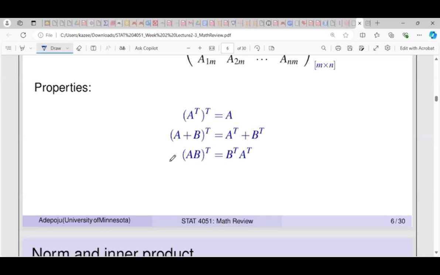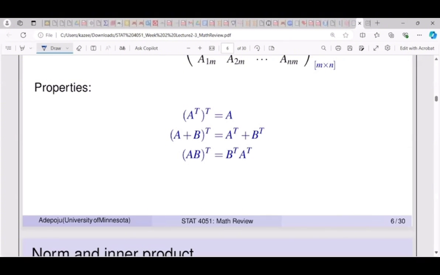When we are talking about matrix multiplication, commutativity may not work. A multiplied by B may be different from B multiplied by A. Does that make sense? If I were you, you can try to verify these properties with a matrix example. You can verify that.